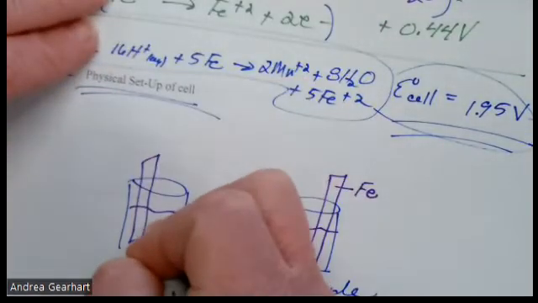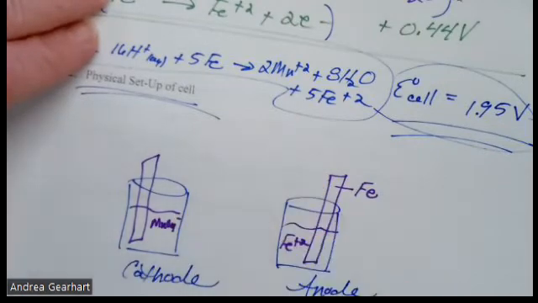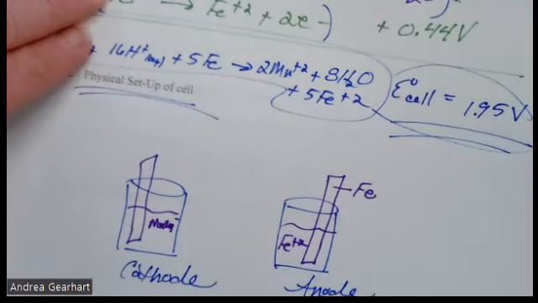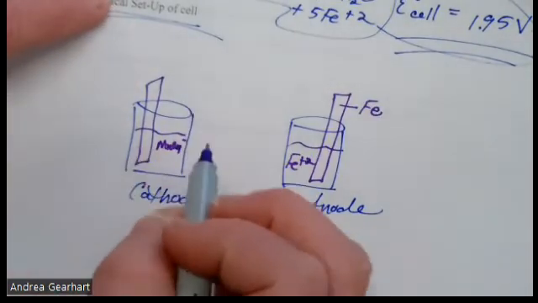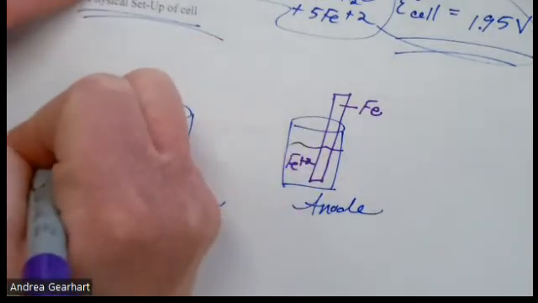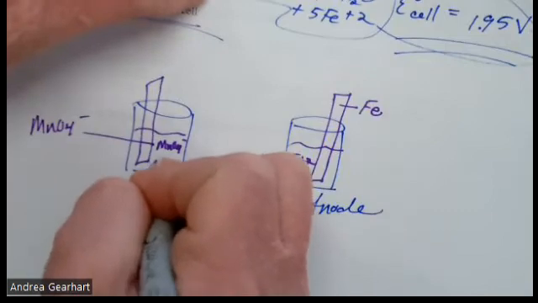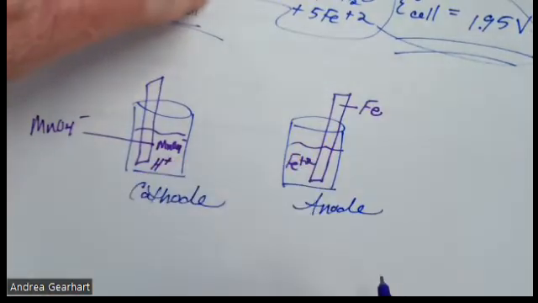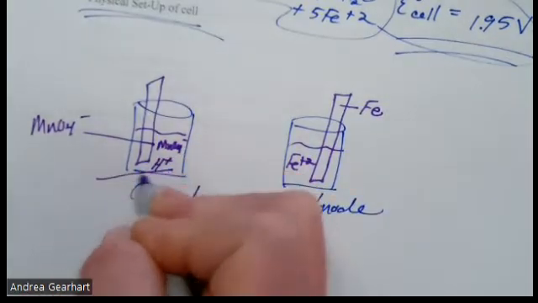And I need my permanganate. You are free to write multiple, but as long as we're identifying one. And then we have hydrogen ion and manganese +2.